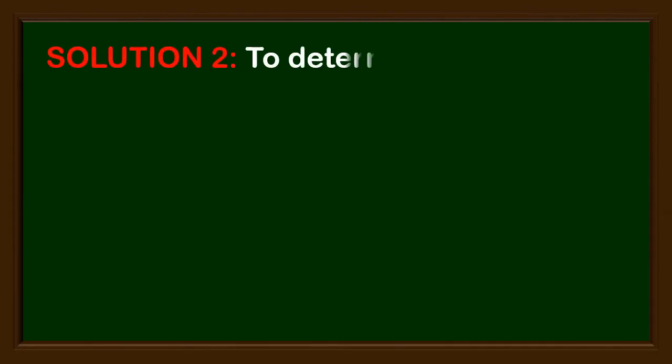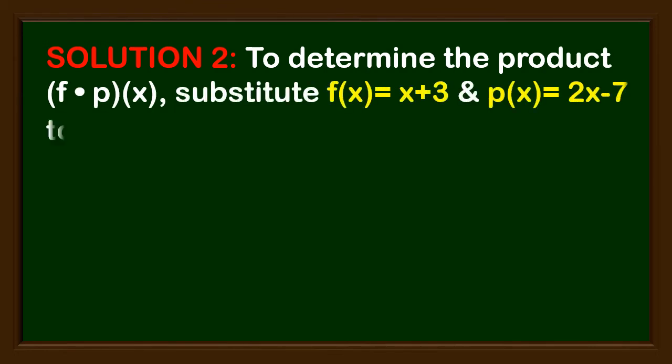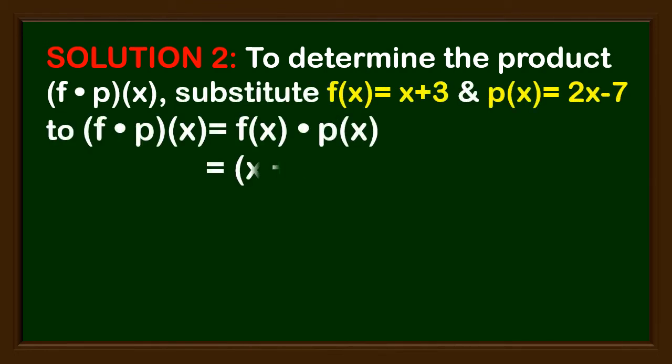Solution 2, to determine the product, f times p of x, substitute the given functions, and then perform the indicated operation.